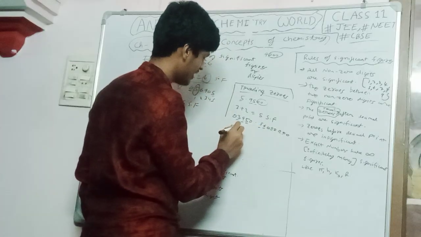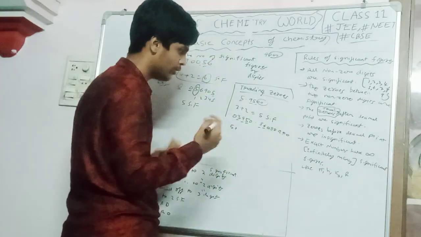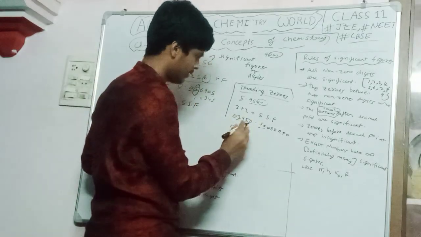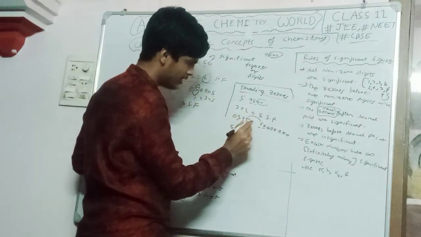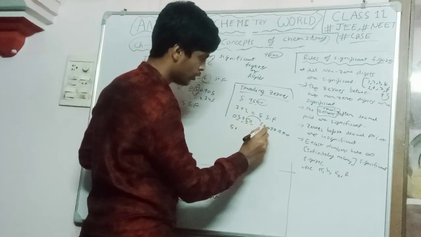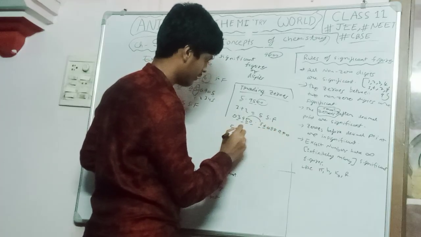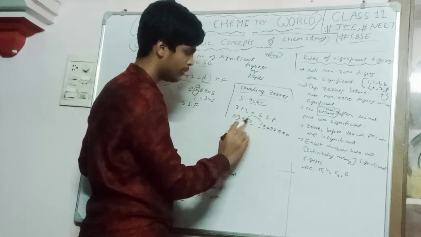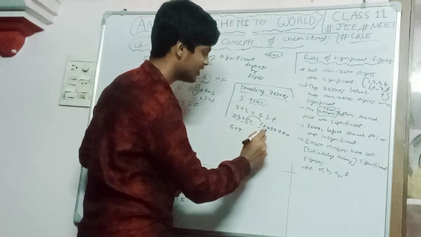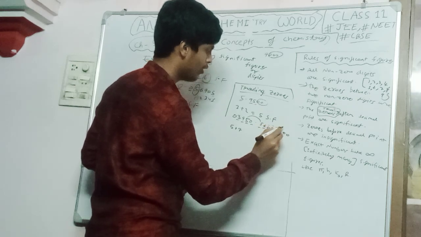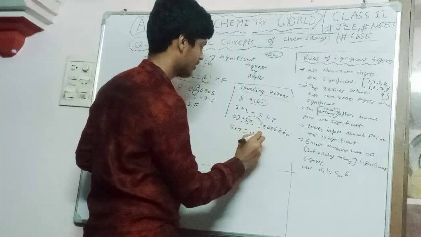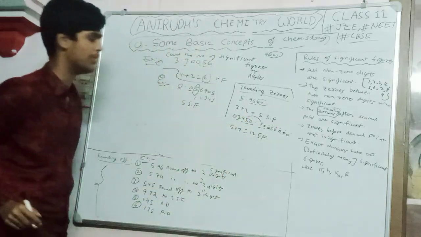Make a habit like this. 5 plus the zeros between the two non-zero digits are significant, so 1, 2, 3, 4, 5, 6, 7. These are between the non-zero digits. These are trailing zeros. How many trailing zeros? 1, 2, 3, 4, 5, 6. 6 plus 1 is 7. So 5 plus 7 is 12 significant figures in this number.